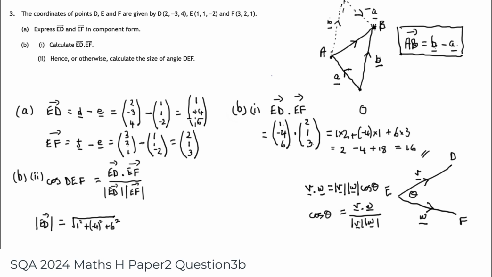So the magnitude of this, if you know the components of a vector, square them each and add. So this would be the square root of 1 squared, which is 1, -4 squared is 16, 6 squared is 36. So that would be 53 under the square root sign. So it's the square root of 53. Similar calculation we'll do for EF.